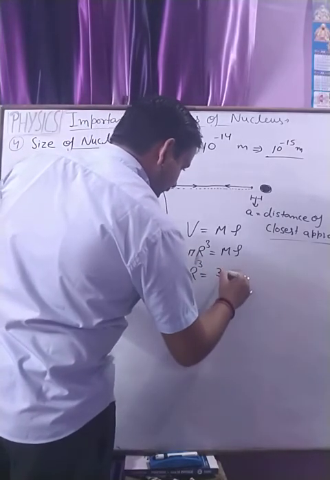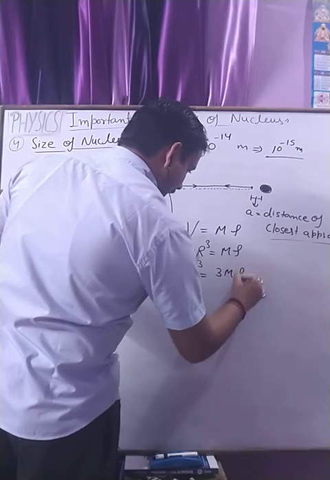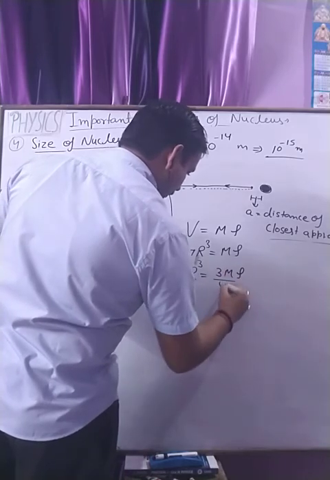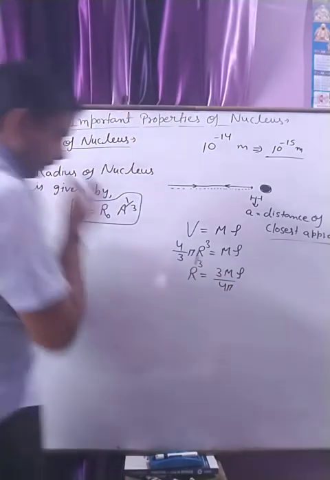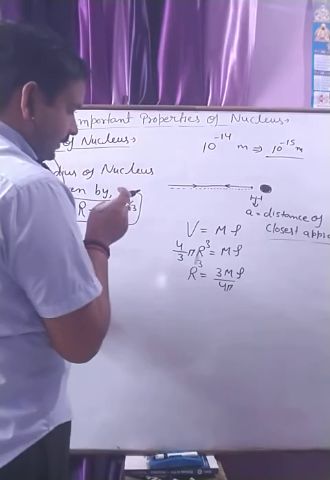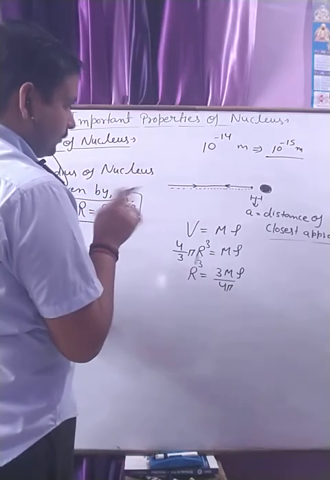3 m rho upon 4 pi. Volume is density is mass upon volume.